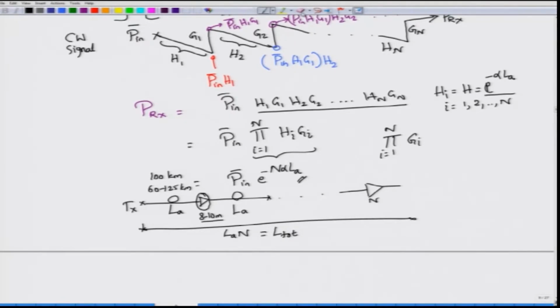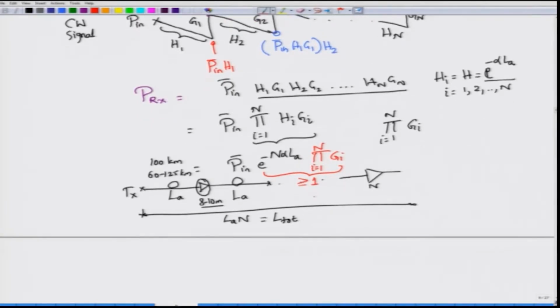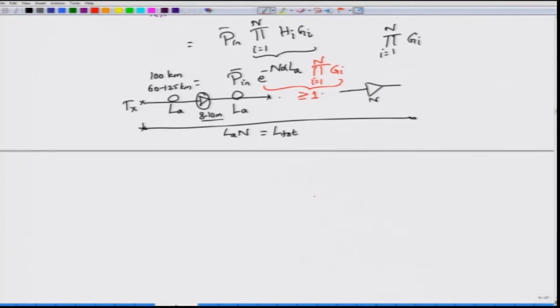So the design criterion at this stage seems to be that you choose this product, i equal to 1 to n of Gi, in such a way that this term overall will be either greater than or equal to 1. You normally choose the option of being equal to 1, which means that the product of Gi from i equal to 1 to n is equal to 1 by e to the power minus n alpha LA.